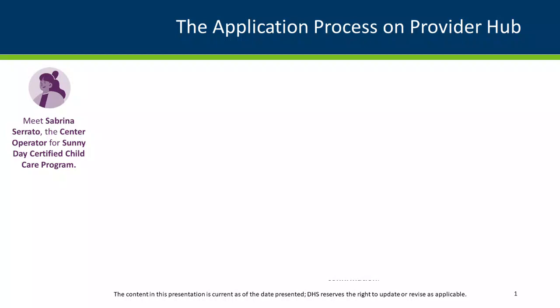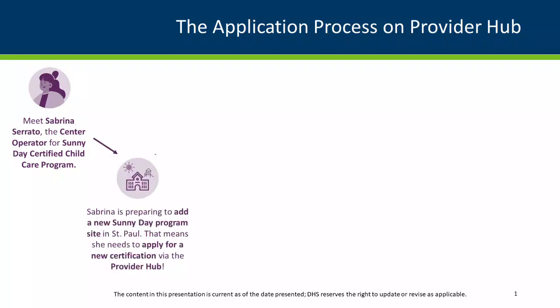So meet Sabrina, the center operator for Sunny Day Certified Child Care Program. Sabrina is preparing to add a new Sunny Day program site in St. Paul. That means she'll need to apply for a new certification via the Provider Hub.